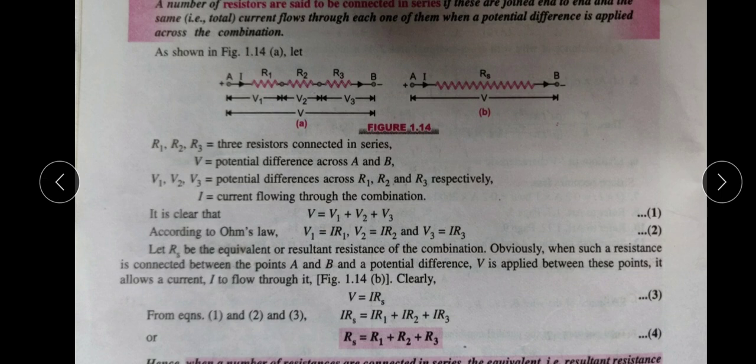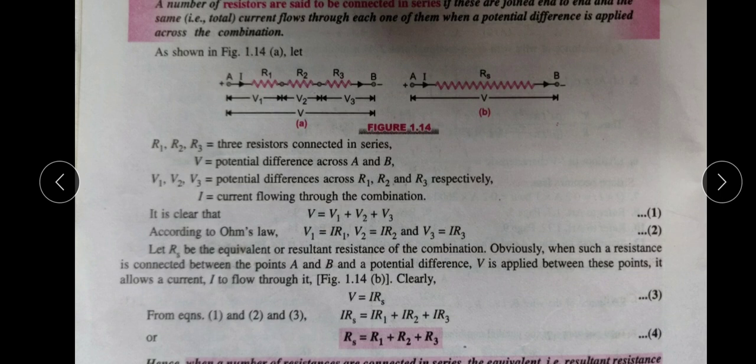From equations 1 and 2, listen. I into Rs is equal to I into R1 plus I into R2 plus I into R3. Just listen to the first step. V is equal to V1 plus V2 plus V3. We replace V as I into Rs.